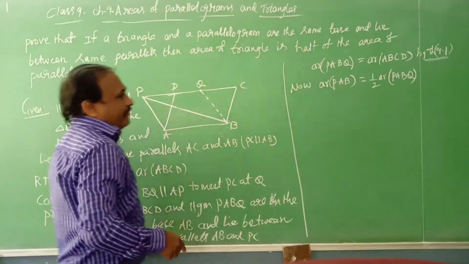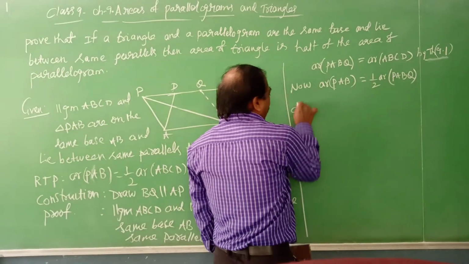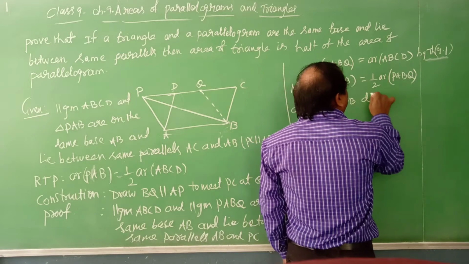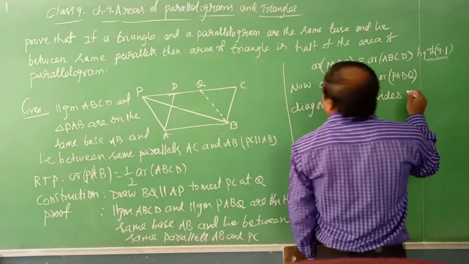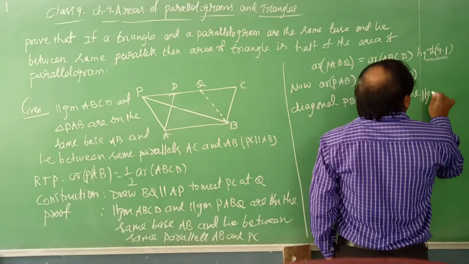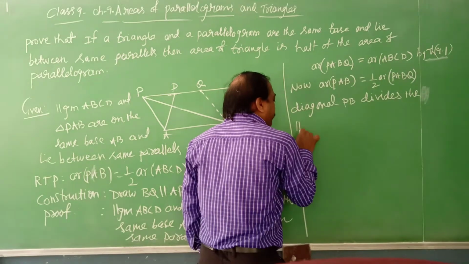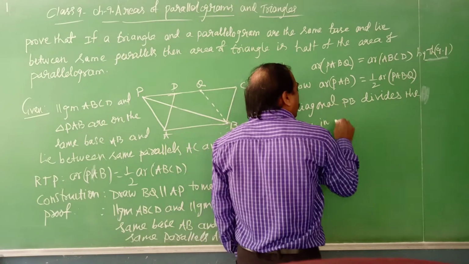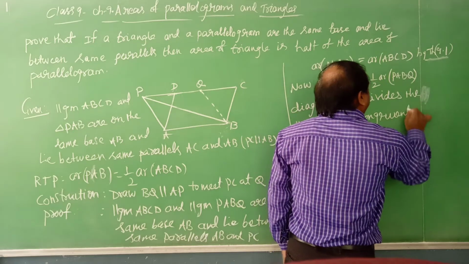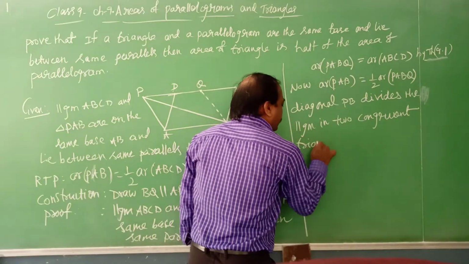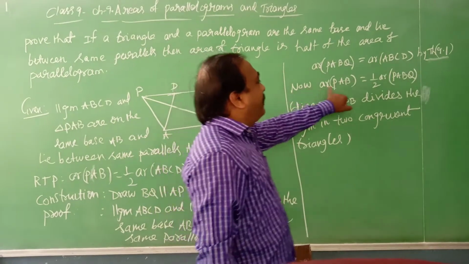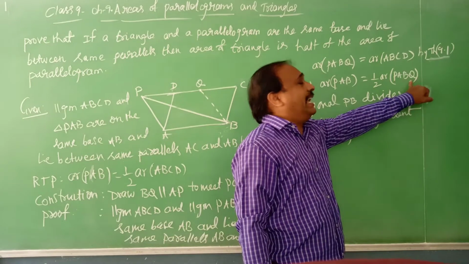Diagonal PB divides the parallelogram into two congruent triangles. So that's why the area of PAB is half of the area of PABQ.